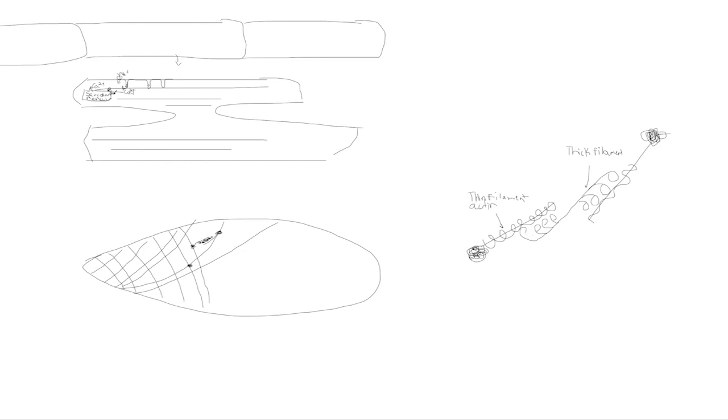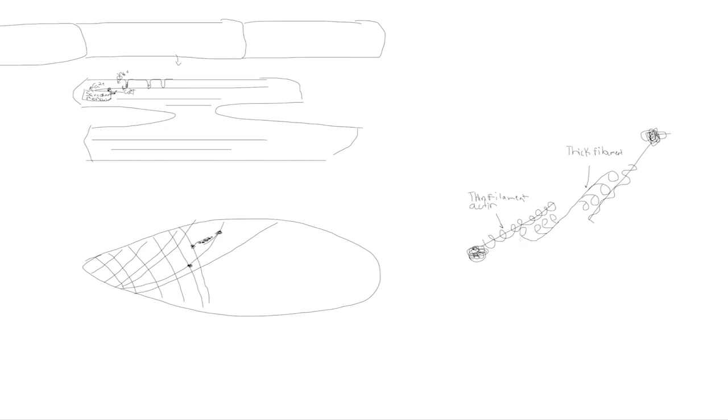Now, there isn't actually going to be troponin present, so troponin is not going to be what moves this tropomyosin. If you remember before, troponin binds to calcium ions, and then that moves the tropomyosin. That's not going to happen in this case.